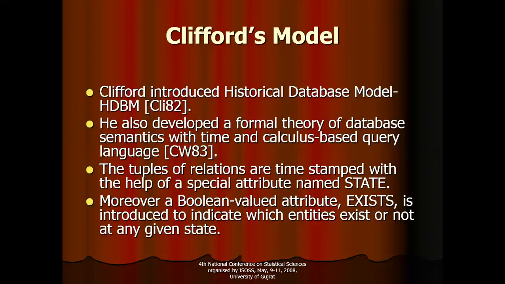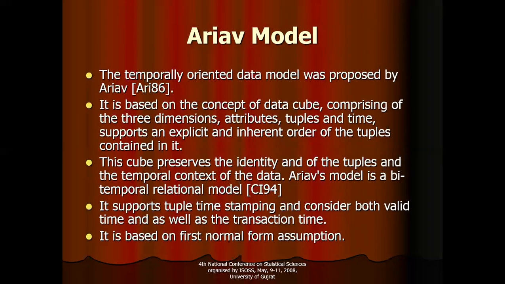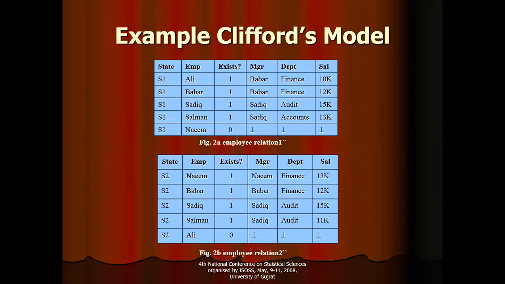In the Clifford model, the output of the relation will be like this. Let's suppose we have an employee relation, and we want to represent it in terms of the Clifford model. So here we have states.